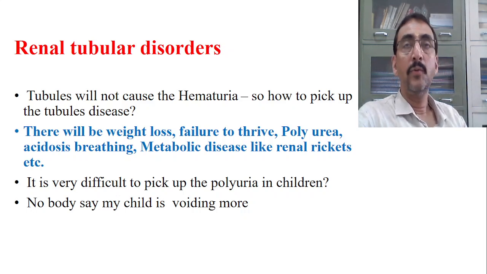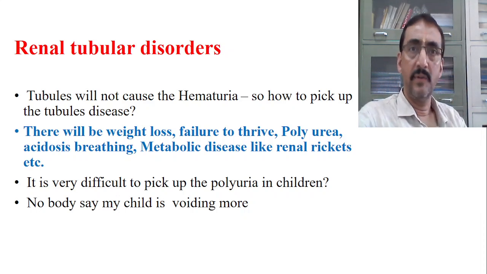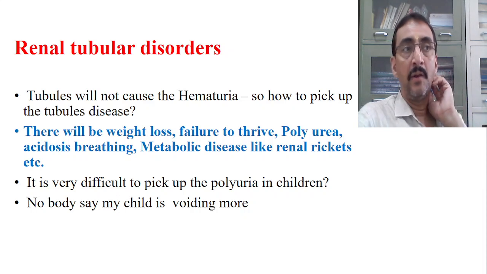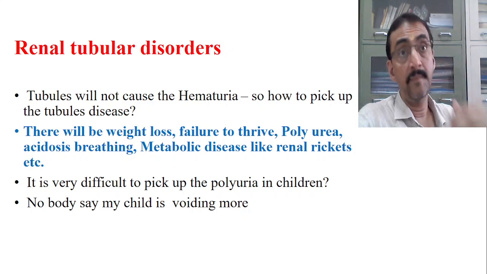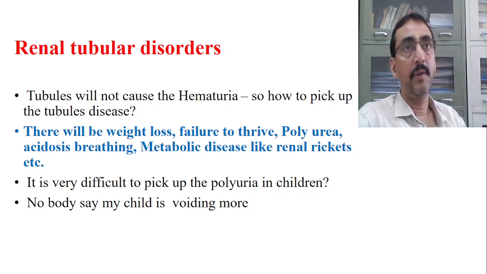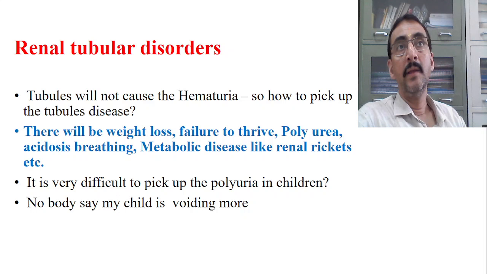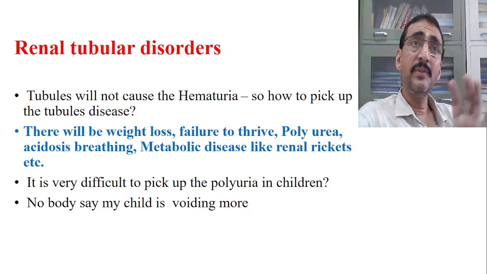So how do you identify problems related to this middle portion, where reabsorption, secretion and concentration of the urine take place because of the pressure gradient system, vasa recta, etc.? This cannot be picked up by hematuria. It has to be identified by weight loss of the child, or failure to thrive, or when the child has polyuria, or acidotic breathing, or metabolic disorders like renal rickets, etc.